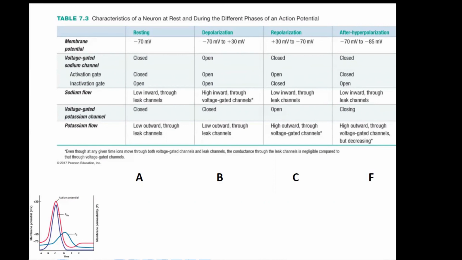The thing that opens is the potassium gate, allowing potassium to flow out, also happening during that repolarization phase. Those two things, number 3 and number 4, the sodium inactivation gate and the potassium gate, are working together to pull us back down towards our resting membrane potential.